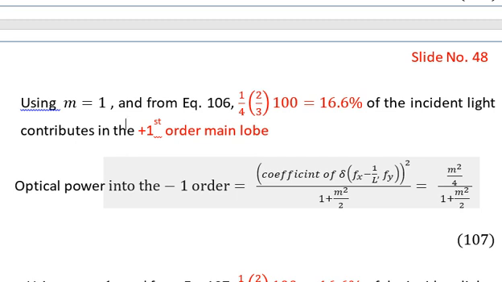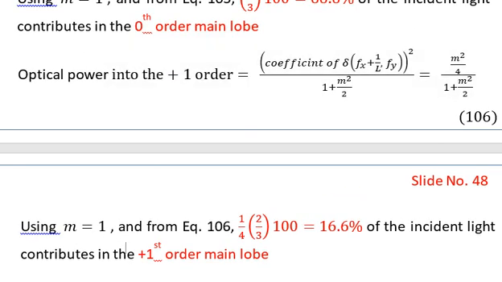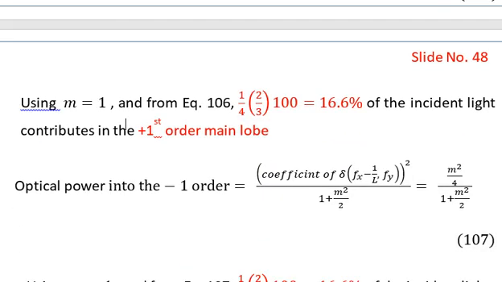delta of fx minus 1 over L, comma fy. We put the coefficient of this one, which is again m by 2, and the square of that is m square over 4, divided by the total contribution from equation number 104, and we obtain the relation given in equation number 107. You can see that the term in 106 and the term in 107 are the same.